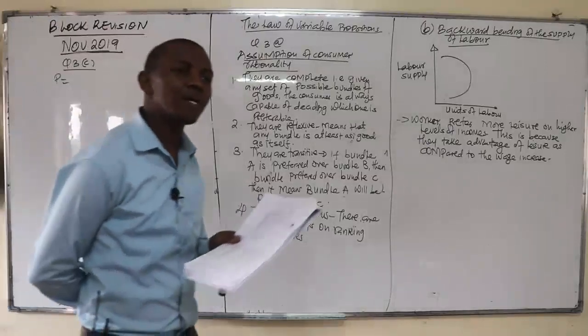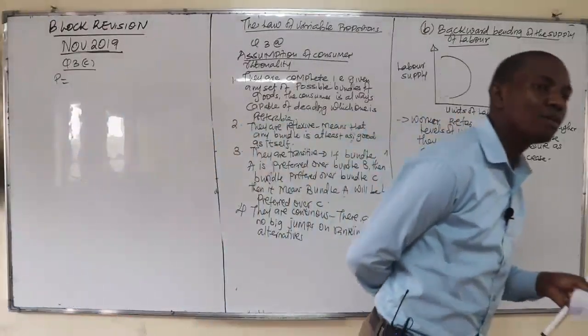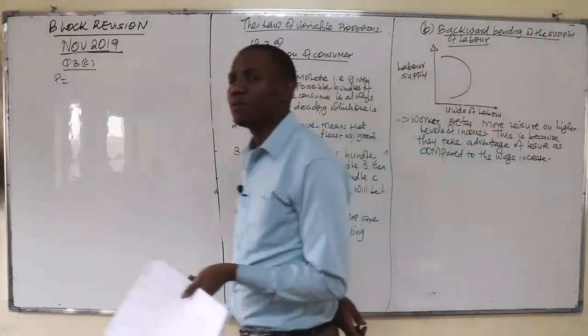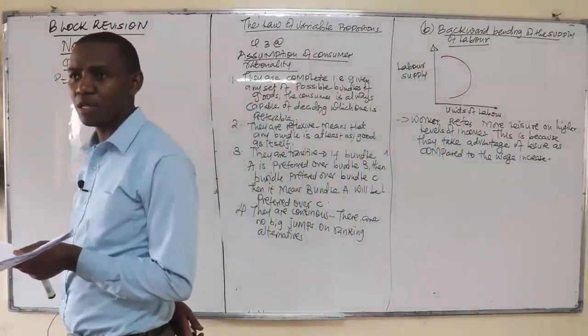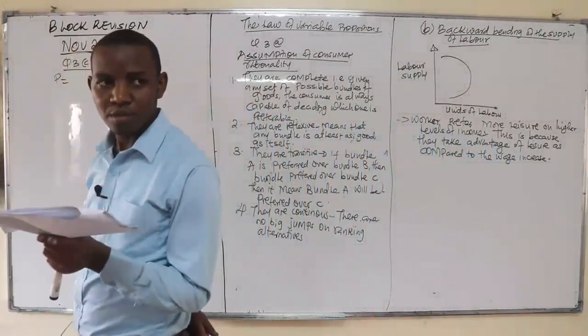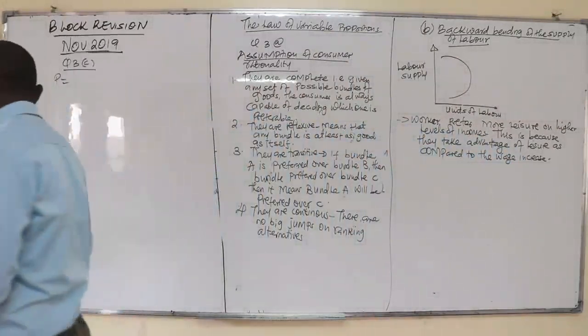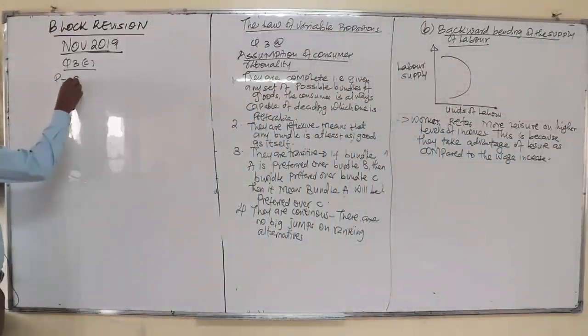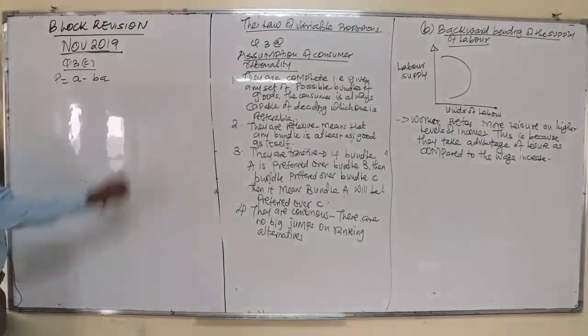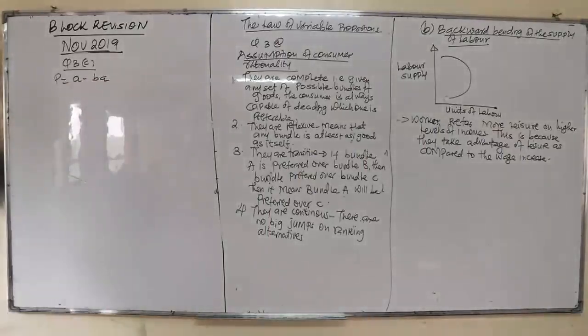An increase in price of a commodity will lead to a decrease in quantity demanded. Are we together? So in that case, for demand, we say that price is normally given by P = A minus BQ, a negative slope.